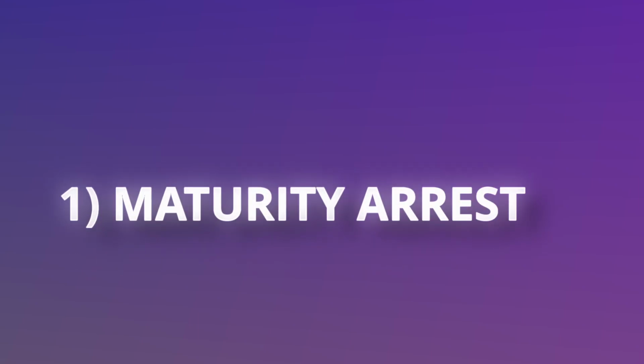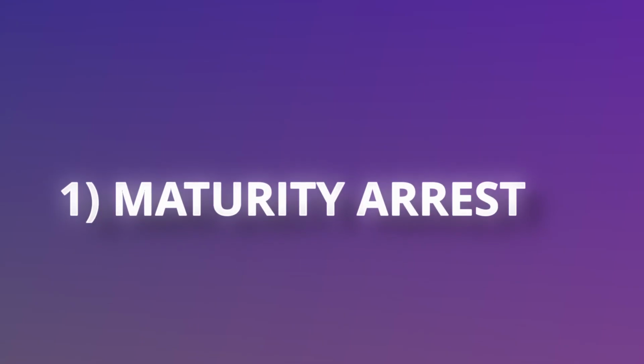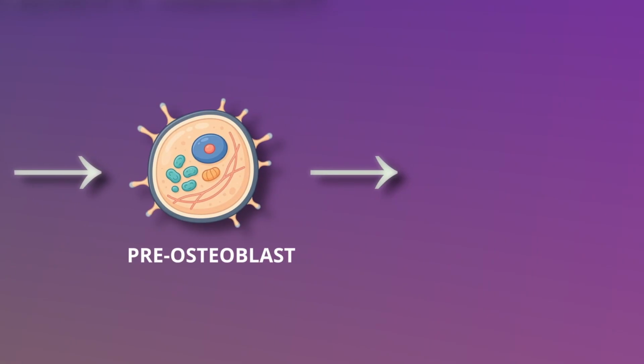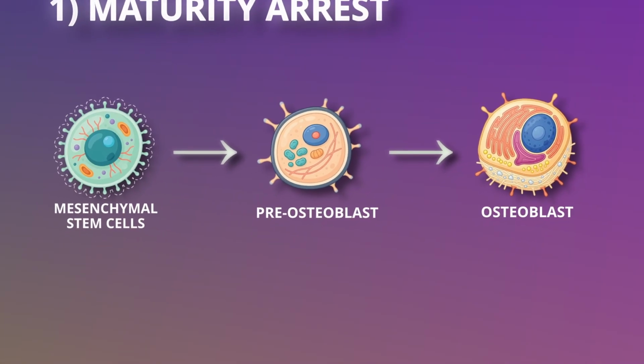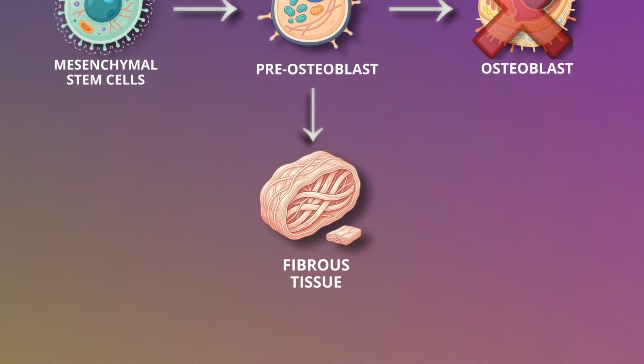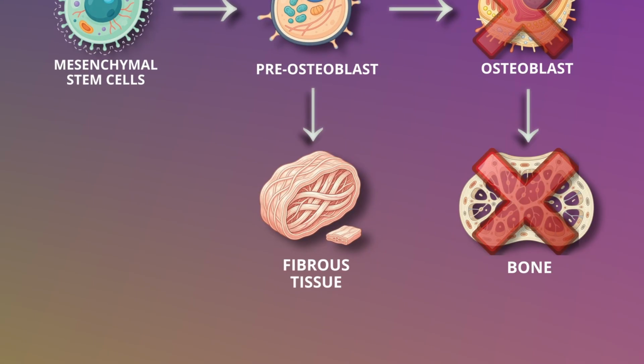There are 2 things that occur majorly. Number 1, maturity arrest. Normally, mesenchymal stem cells are the ones which will convert into preosteoblasts and then finally into osteoblasts. But due to excess cyclic AMP, they get stuck at preosteoblastic stage and produce fibrous tissue instead of bone.